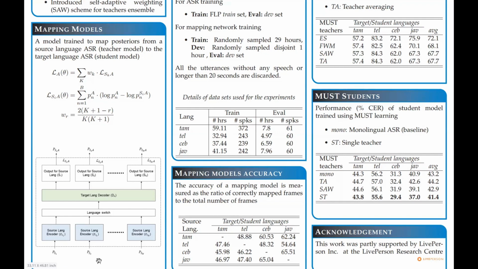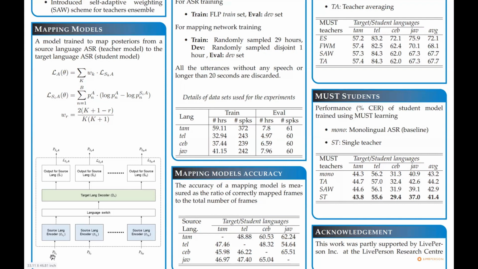By source language, we mean any other language. So if I have a target language X and source language acoustic models S1, S2, and Sn, the input of this mapping model is the posteriors from the acoustic models of the source languages.